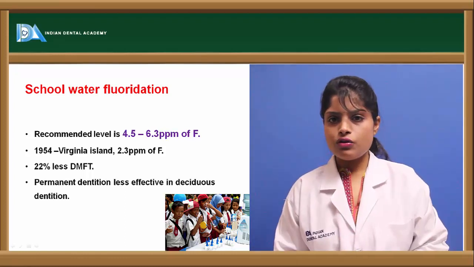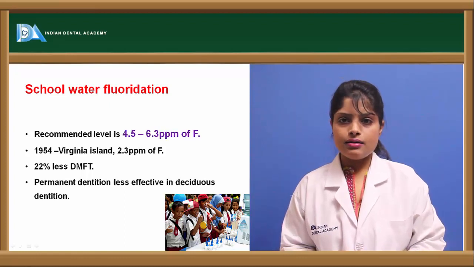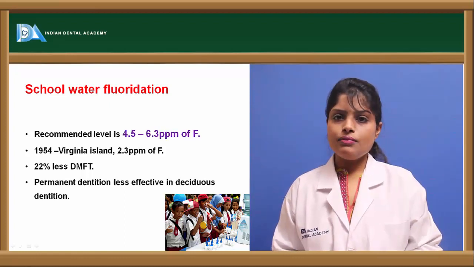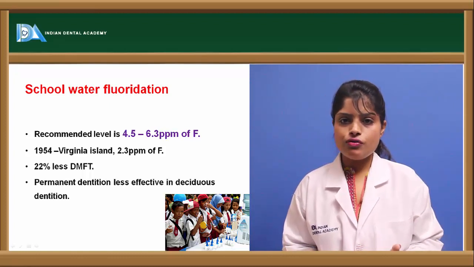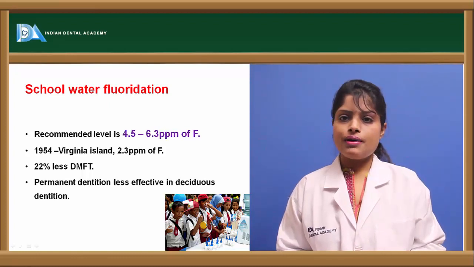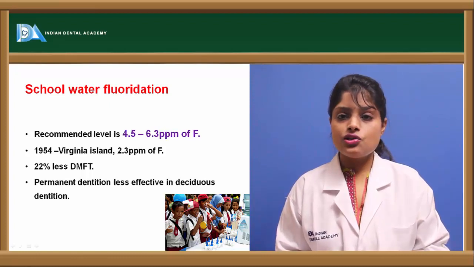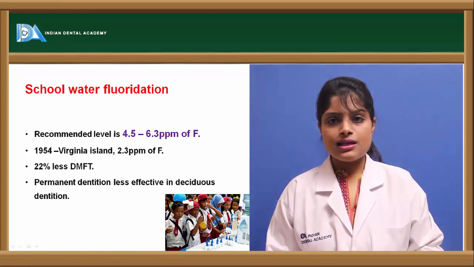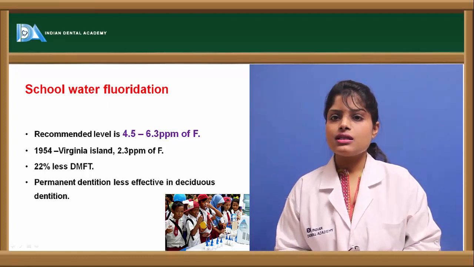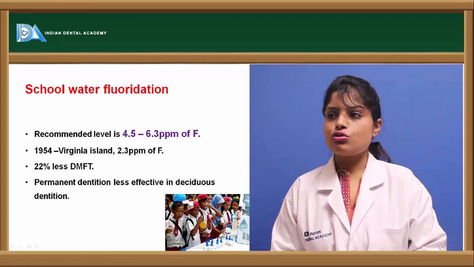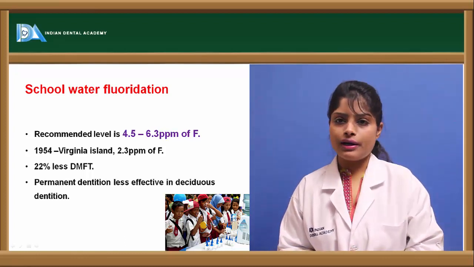School water fluoridation aims at the prime age group of patients, and the amount of fluoride present in the school water is generally 4 times that of the community water supply. That is, the recommended levels are about 4.5 to 6.3 ppm of fluoride.